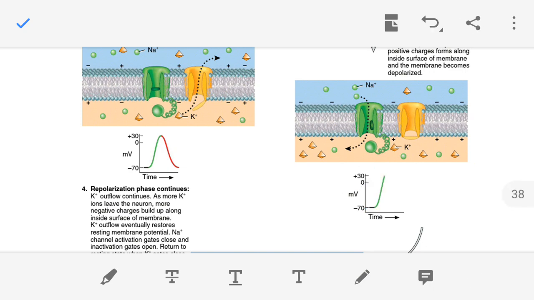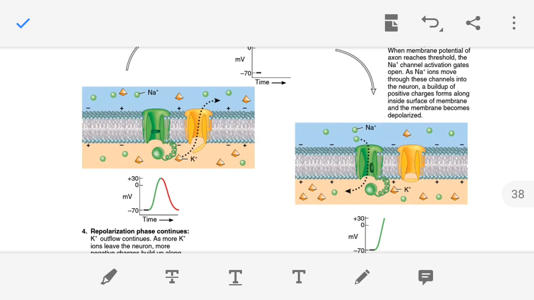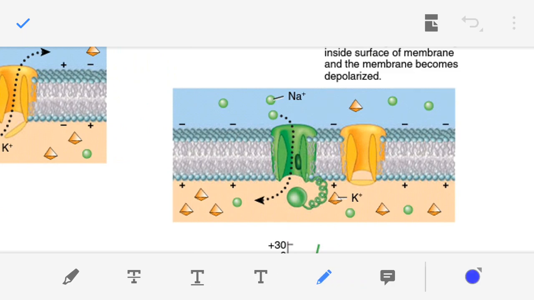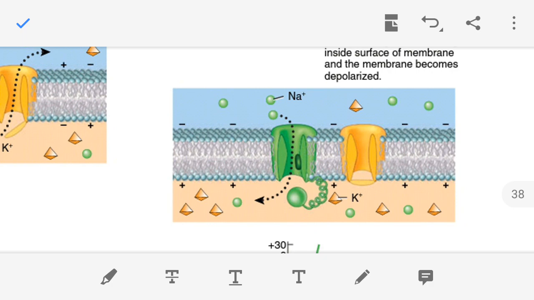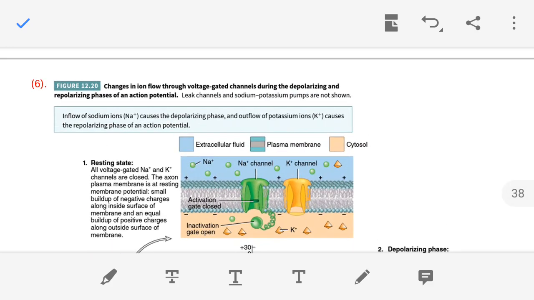This is the peak value for depolarization, and the entry of Na plus inside the cytosol is responsible for this plus 30 mV value. So this is about the depolarization.